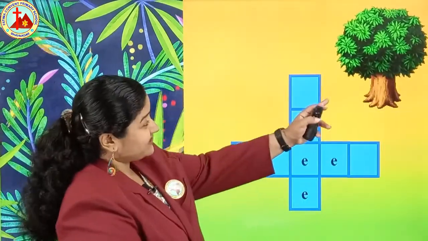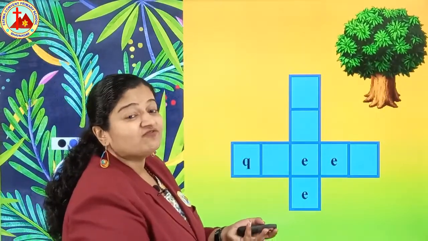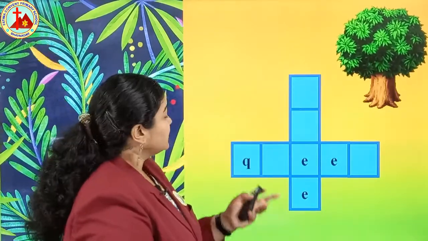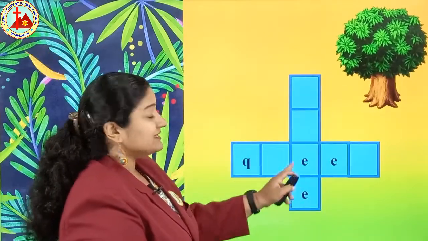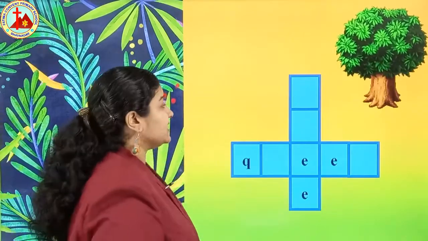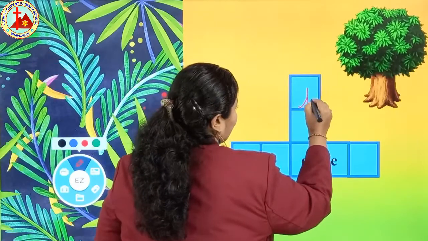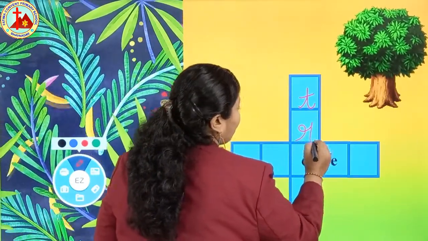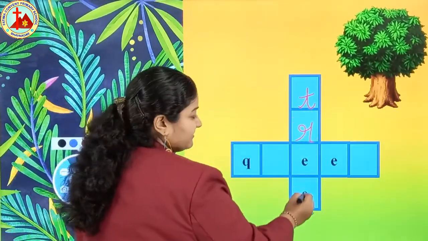Next one is tree. Tree gives us shade, wood, pencil, rubber, so many things. So tree spelling is T-R-E-E. Double E is already written. Double E means 2 E. So we will write T. You have to put a dash on T. R. T-R. T-R-E-E, tree. So one spelling we finish.